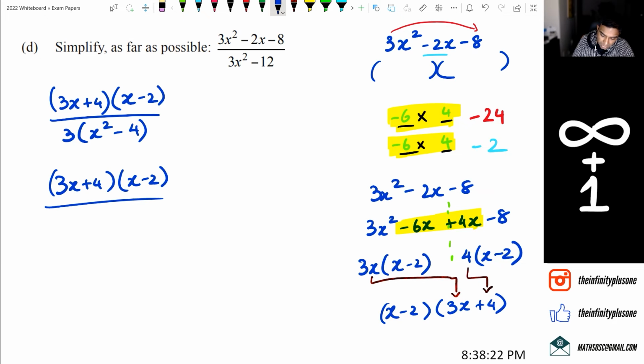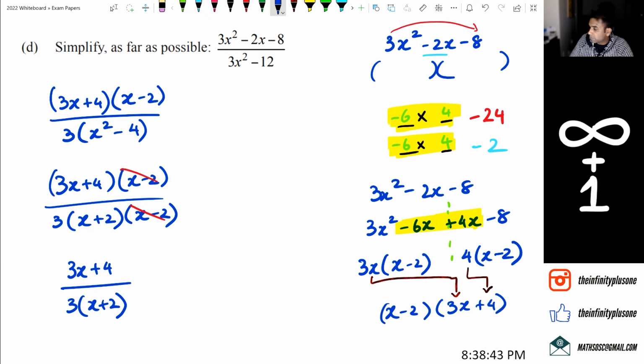In the bottom line I've got x plus 2 and x minus 2. At this rate, I can see that x minus 2 is a common factor in the numerator and the denominator. I get rid of it, and then I can rewrite this as 3x plus 4 over 3x plus 2.